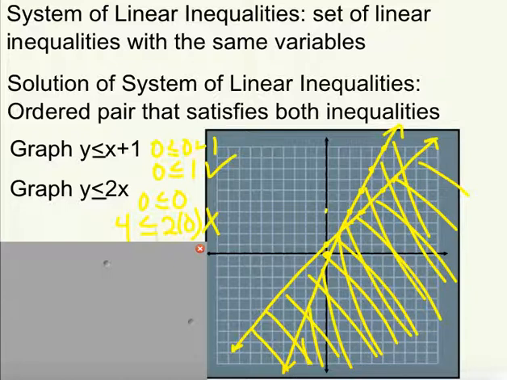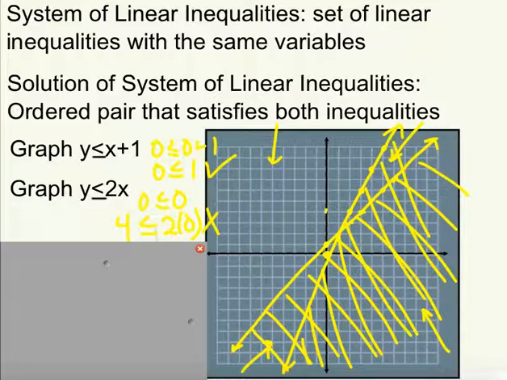Now what you will notice here is that there are parts of this graph that are shaded 0 times, like this region up here. There are parts that are shaded just once from a certain line, like here and in this triangle. And then there's a region that is shaded twice.